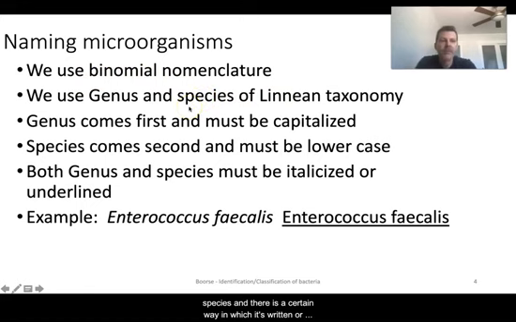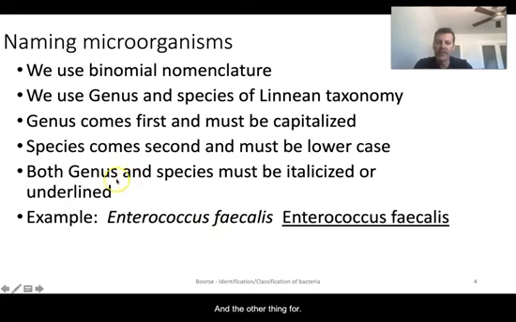And there is a certain way in which it's written or presented whenever you see it. The genus is written first, and it's capitalized, whereas the species comes second, and it's in lowercase. When I say capitalized, just the first letter. Here's an example, a bacterial species, Enterococcus faecalis. Notice that's a capital E for the genus, but lowercase for the species.